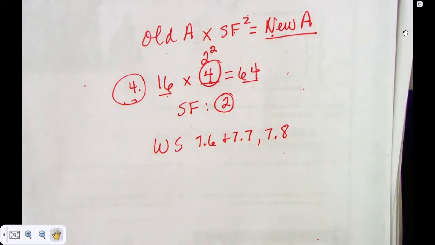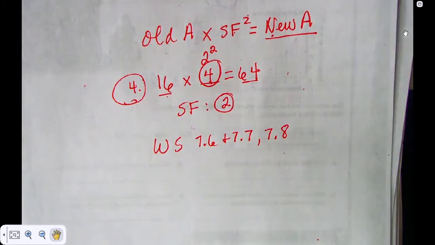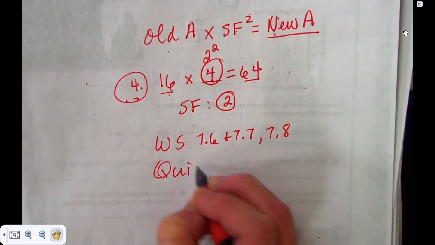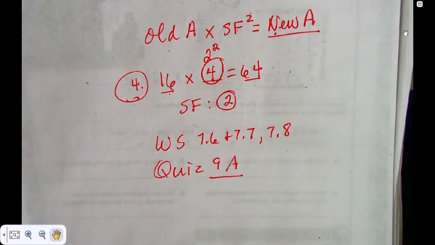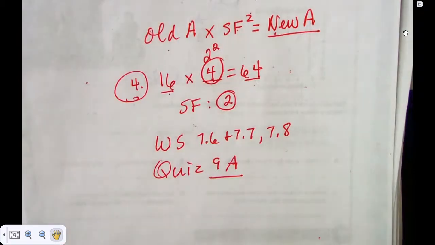And then when you finish that, I need you to work on quiz 9A. Quiz 9A is what you'll be doing. All right? Do your best and think and use your calculator if you need to. Okay. Good deal.